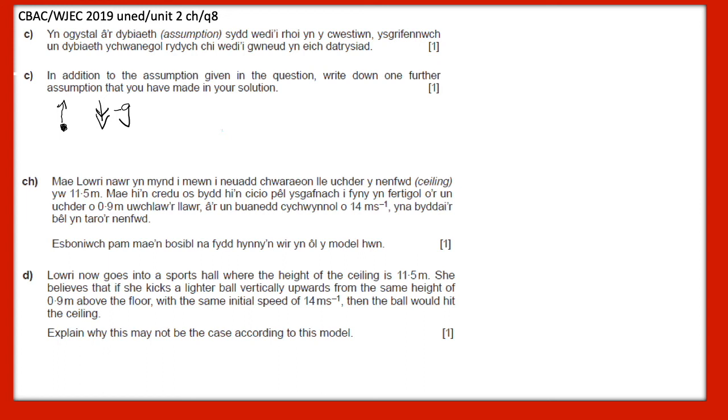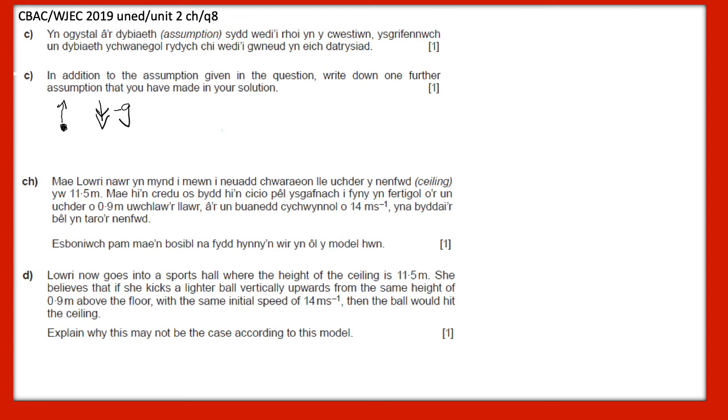So I am assuming it's a constant acceleration question. If you were listening carefully, I actually said that right at the start, assuming constant acceleration. So the assumptions I've made are that I could model it as a particle, in other words, its dimensions don't make any difference, and that gravity is constant in this particular case.